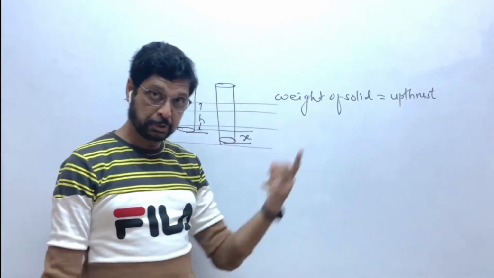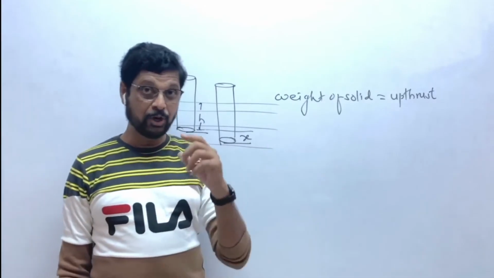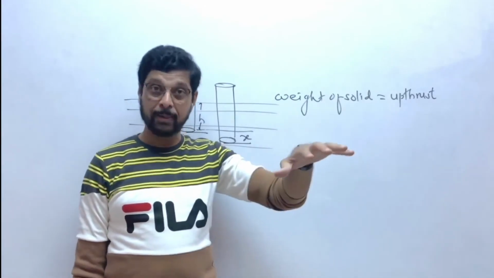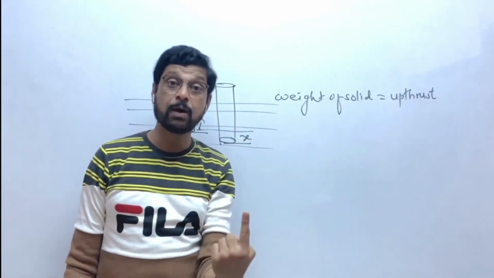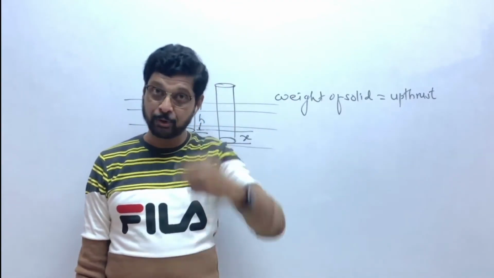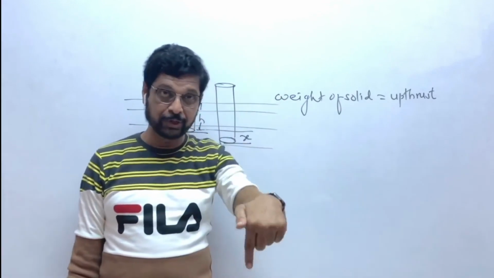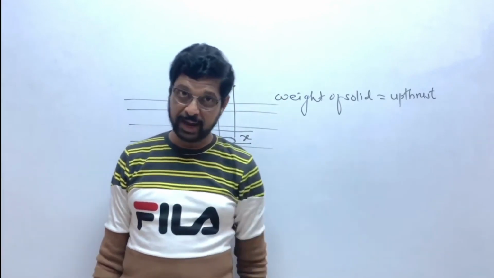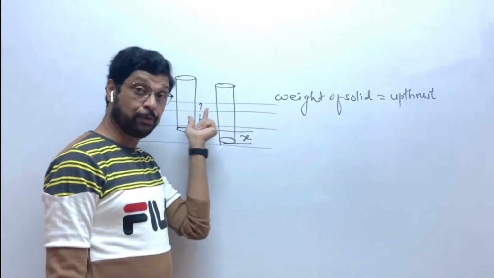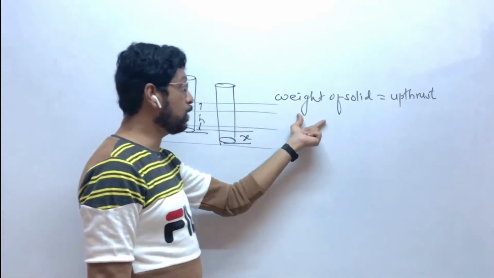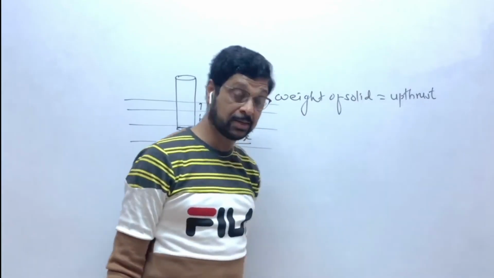Remember this, know this very well: if any solid is floating on a liquid, the upthrust acting on it equals the weight of the solid. So this cylinder is initially floating, which means the weight of the cylinder is equal to the upthrust.